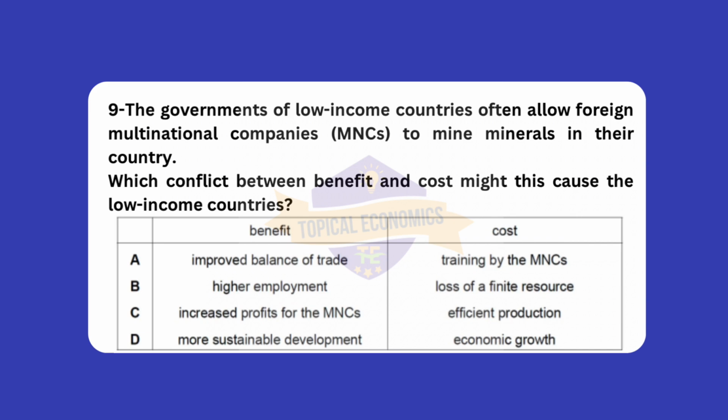Looking at option D, more sustainable development and economic growth. So sustainable development typically conflicts with short-term economic growth in resource extraction scenarios, but this option does not align with the given benefits. Looking at option B, higher employment and loss of finite resource.